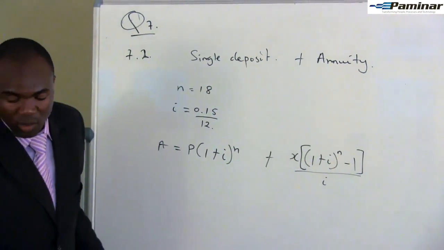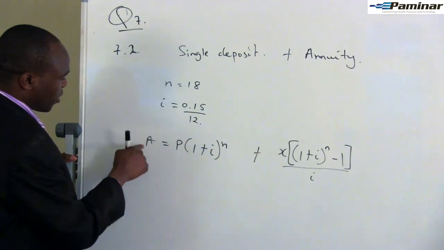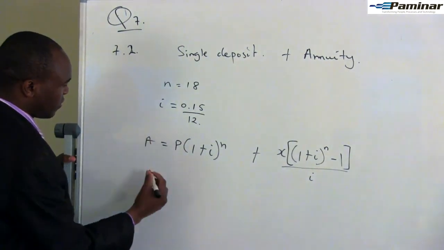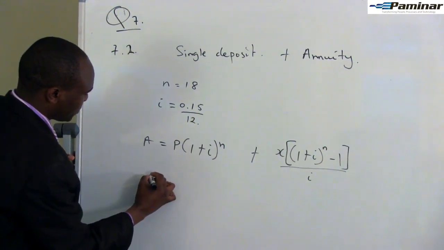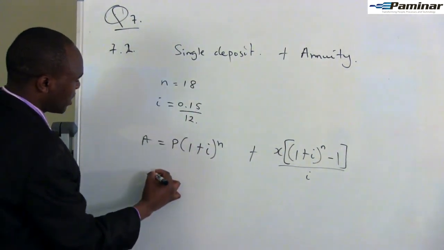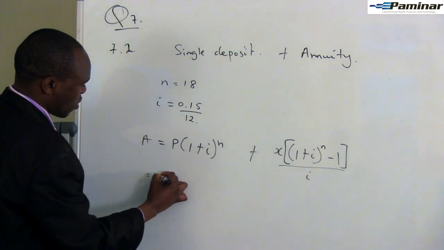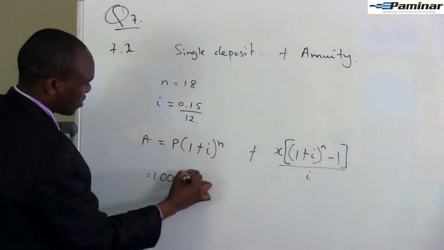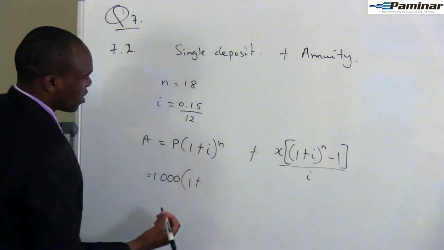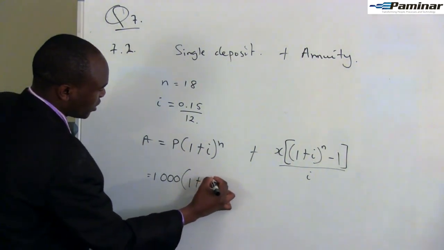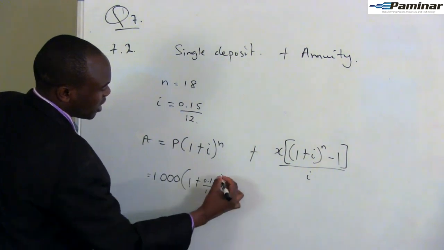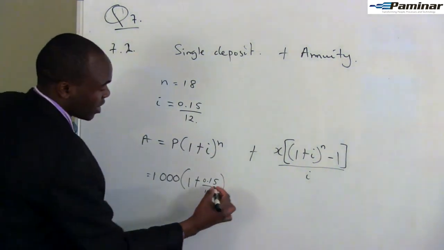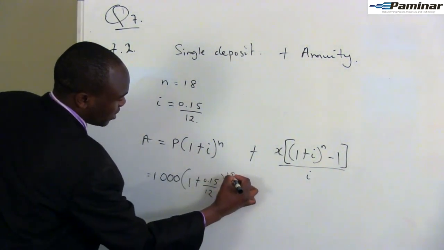Right, so now let's come here. Remember, we're looking for the future value. For the single deposit, it's our P, how much is it? 1,000, times 1 plus our I, 0.15 over 12, to the power of our N, 18.